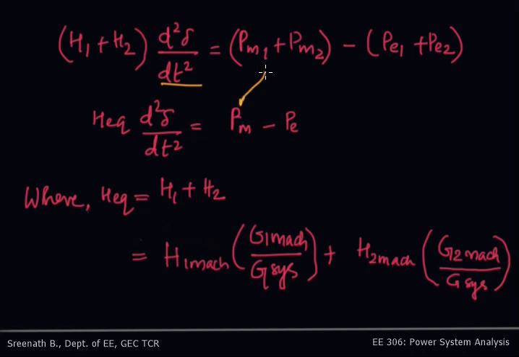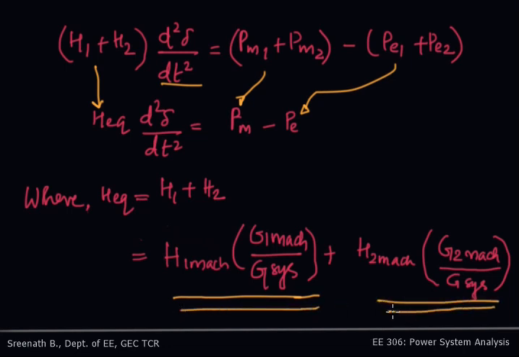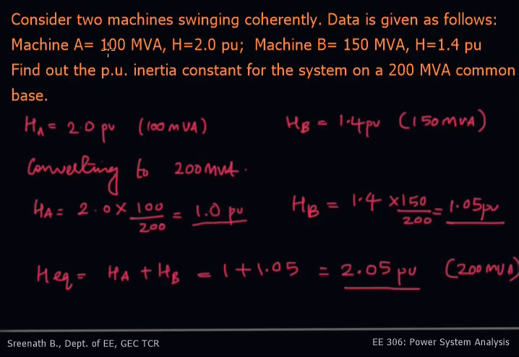So this can be taken equivalent to Pm, and this can be taken equivalent to Pe, and H equivalent will be H1 plus H2. So that you can further derive out of your earlier equation: H1 machine into G1 machine by G system plus H2 machine into G2 machine by G system. So this equation we have derived in the first part, and you combine them together to get the total H equivalent. Now we will take an example.